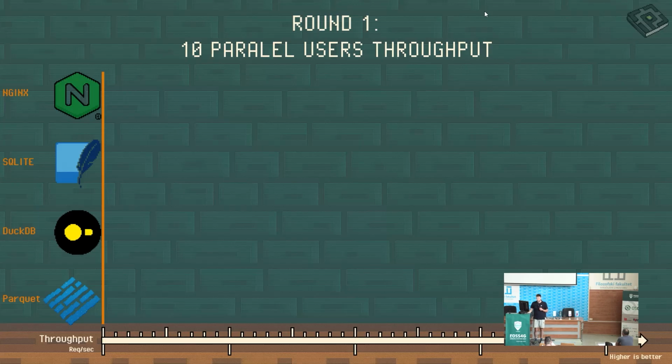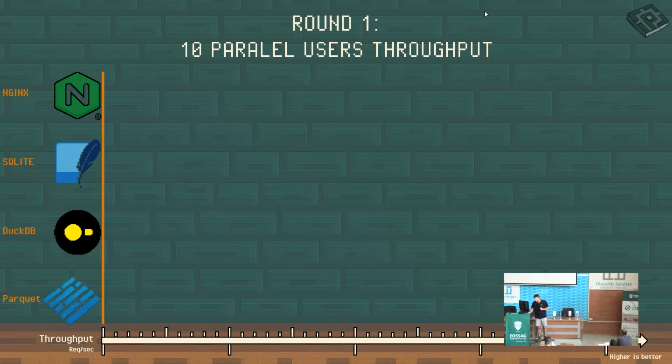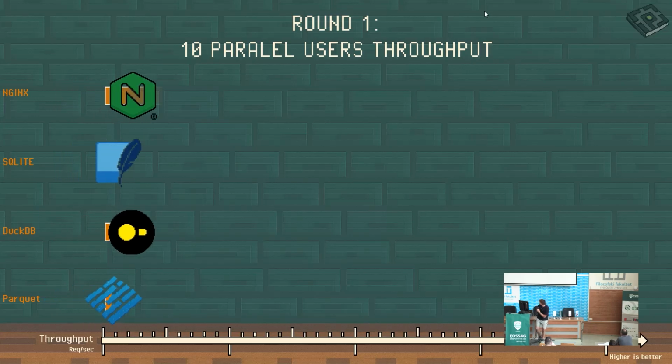Nobody. Okay, who thinks SQLite will win? 1, 2, 3, 4, 5, 6 hands. Great. DuckDB, hands. 1, 2, 3, 4, 5, 6, 7. Okay, DuckDB now is in the lead. Parquet. 1, 2, 3, 4, 5, 6, 7, 8. Okay, Parquet wins. Ready, set, go.